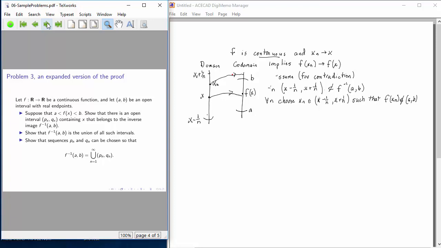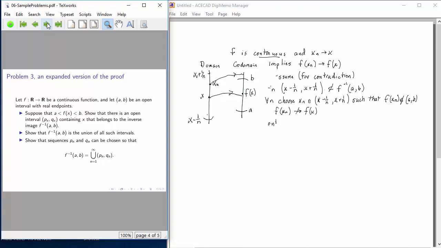Since f of x sub n is not in a to b, there is no way that f of x sub n can converge to f of x, because f of x sub n is always outside this interval, never gets close to f of x.